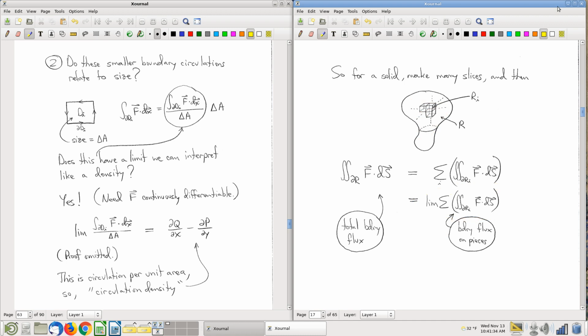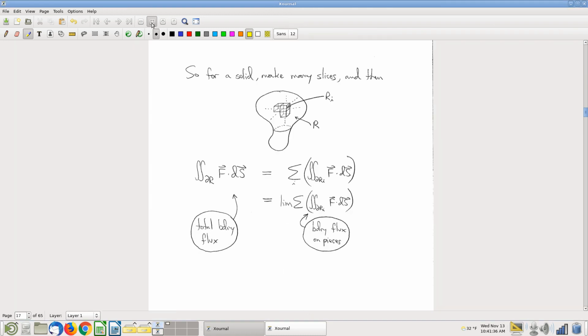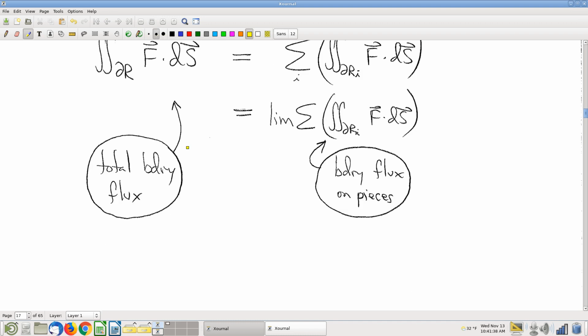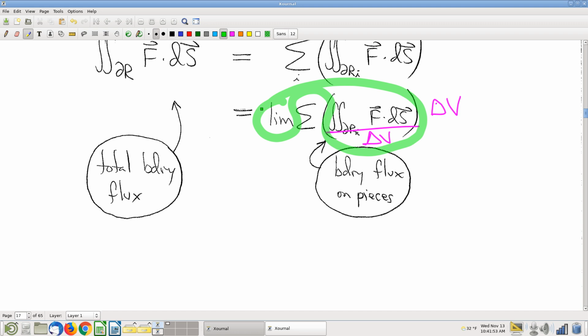I have the same concern that I had with Green's theorem. Let me go back to this. I can't just stick it on for free. If I put a delta V there, I've got to divide by delta V to be legal, and that brings us to the question of what is this limit? If I look at a limit of boundary flux divided by volume.